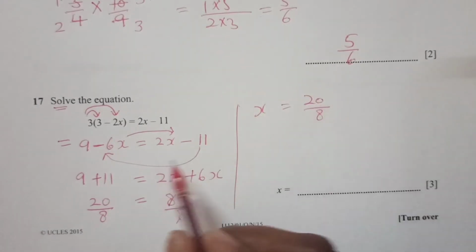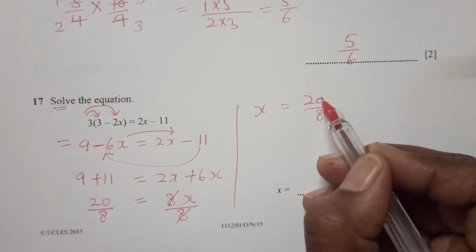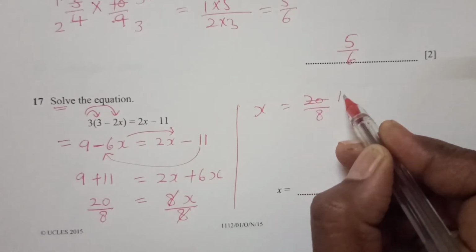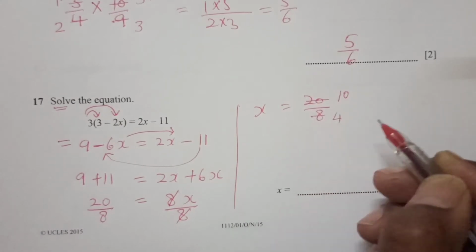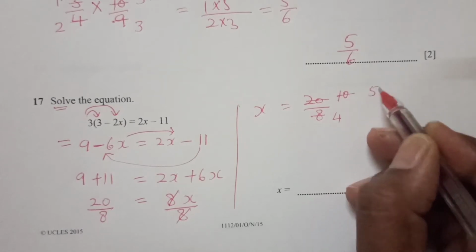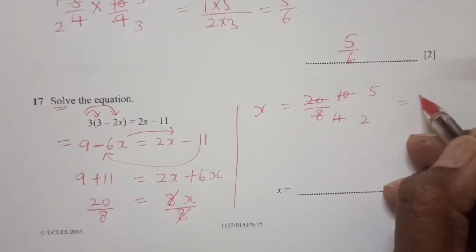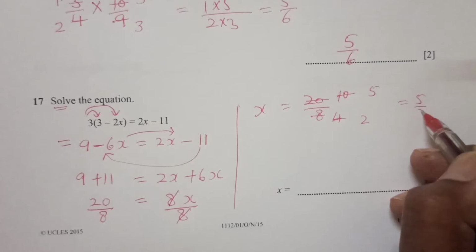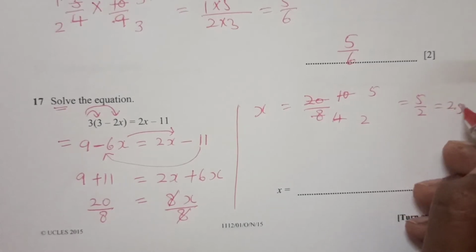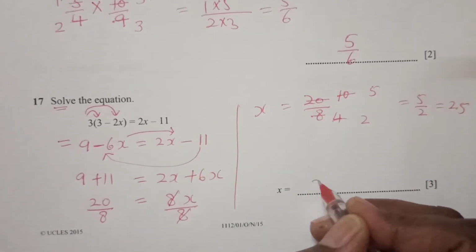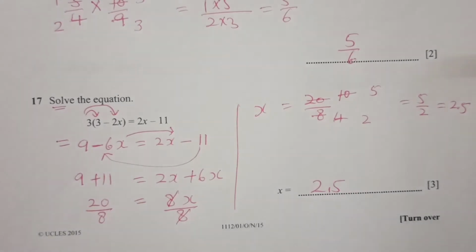So we can divide it by 2, then again by 2, 2 times 5, 2 times 2 is 4, so 5 over 2, or it may be 2.5. So the final answer is 2.5, right? So that's it for this question.